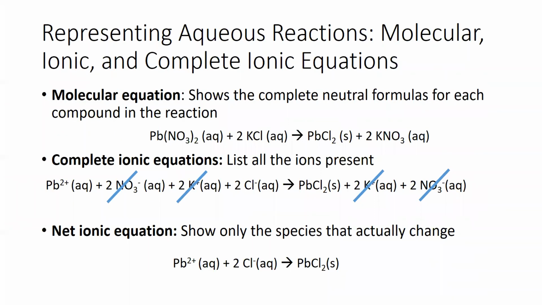And then we looked at complete and net ionic equations, where we take everything that's aqueous. Remember, if you're aqueous and you're in an ionic bond, that bond will break and you'll form separate ions.